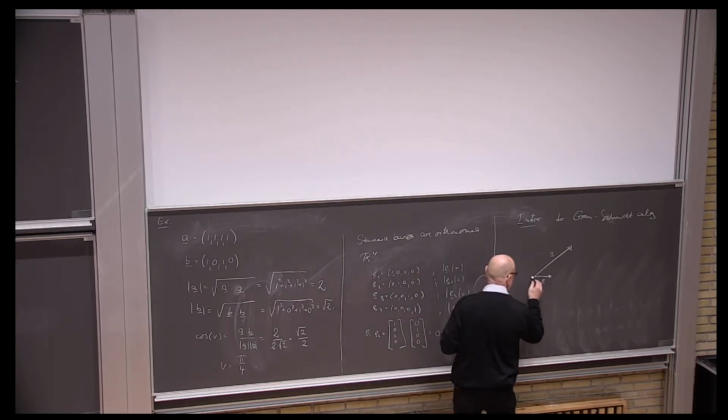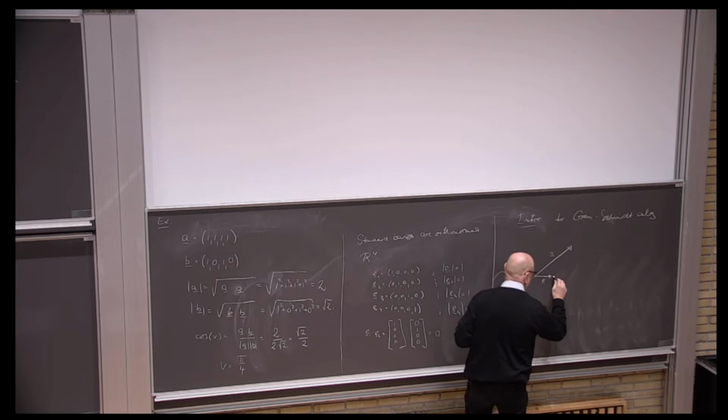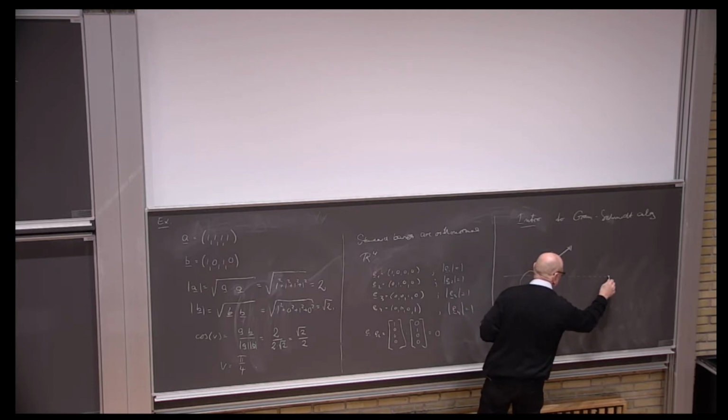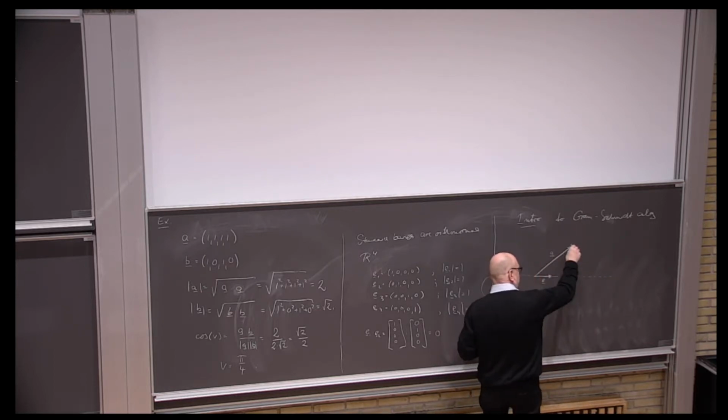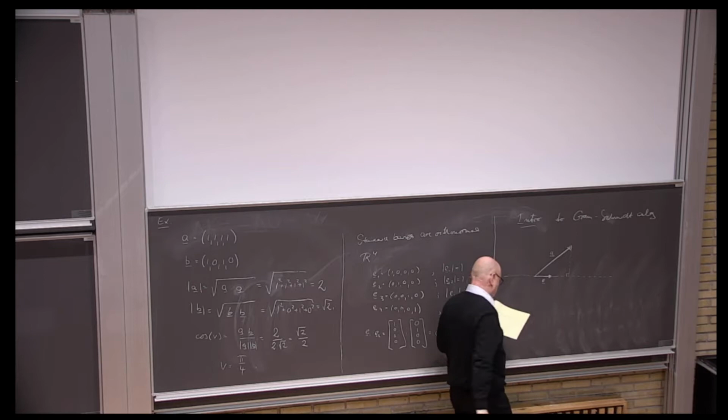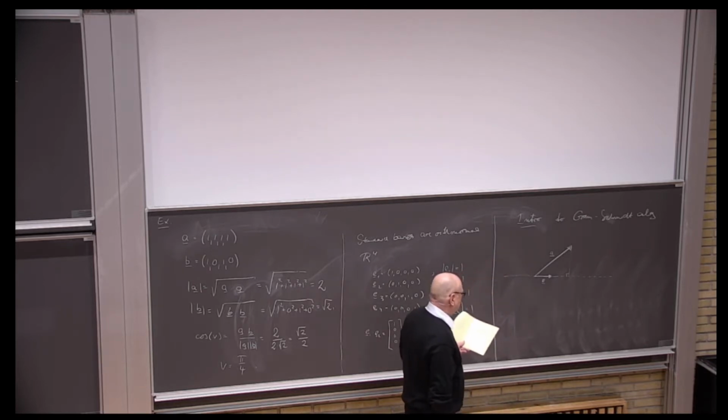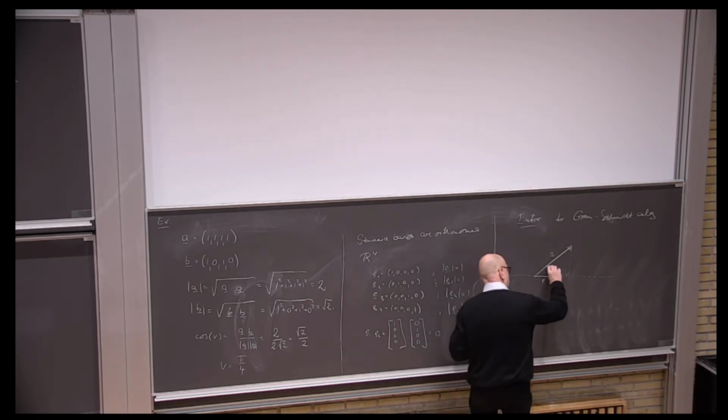Here I just draw an auxiliary line, and then I draw the perpendicular on this line, like this. And we have an angle V between the two vectors.